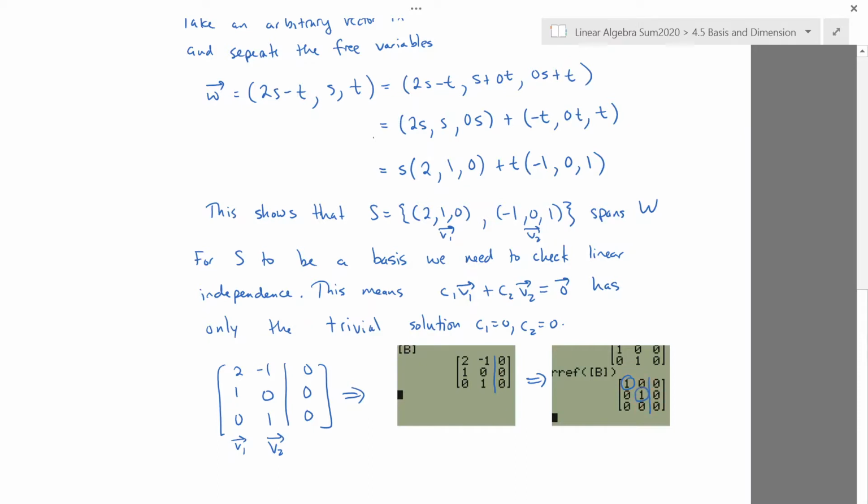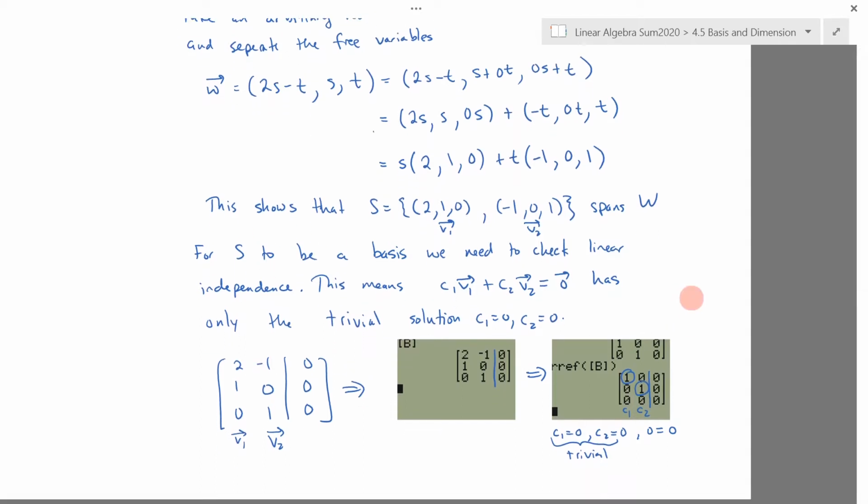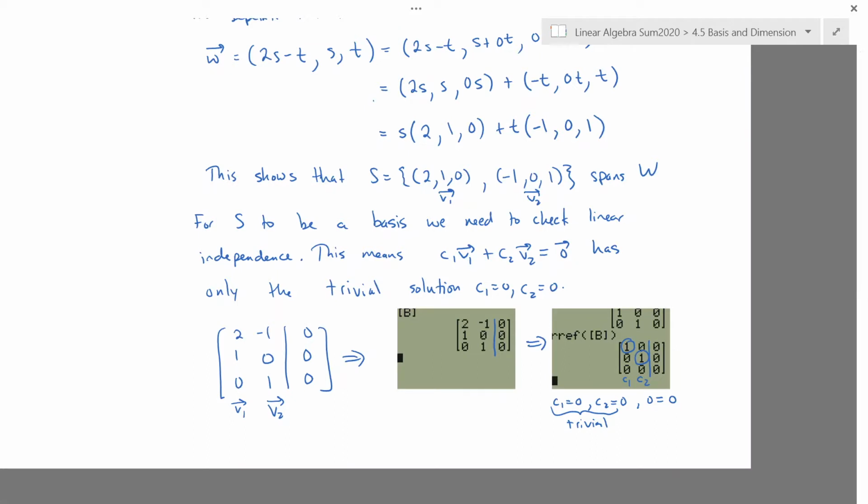And we see that this first column is for C1, this column is for C2, and so reading off row 1 and row 2, we see that C1 equals 0 and then C2 equals 0. And the third row is 0 equals 0, which doesn't do anything. And so this is the trivial solution. And so this shows that S is a basis.